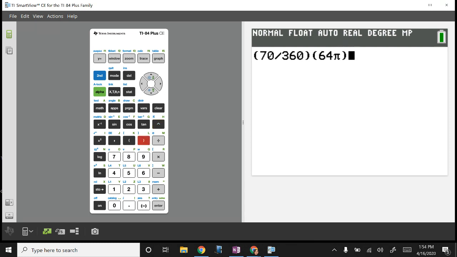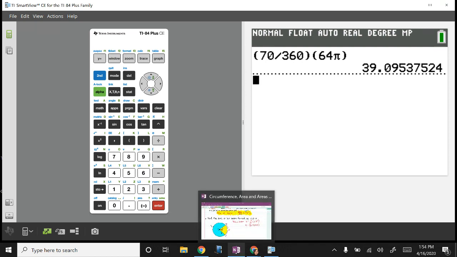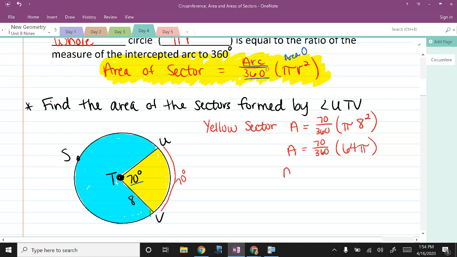Close parentheses and hit enter. So the area of that sector of that circle, that yellow sector, is approximately 39.1. And area is in square units. It doesn't tell me the units. If they told me the radii units were inches or whatever, then I would use those units. So it was 39.1. I'm just going to say square units.